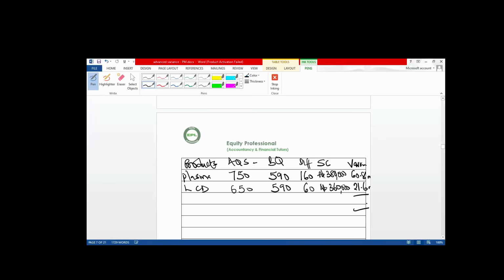Sum the two together: 82.4 million favorable.